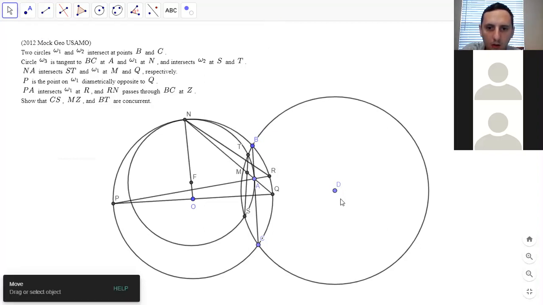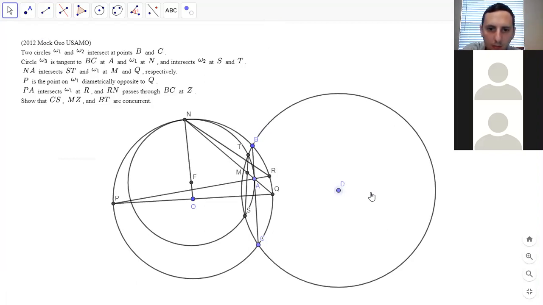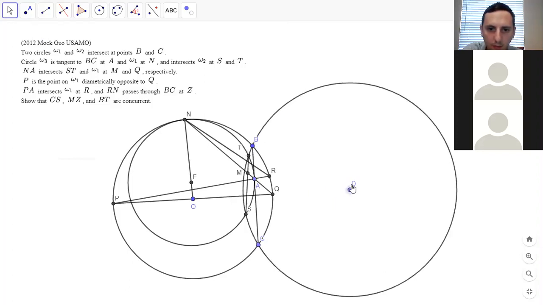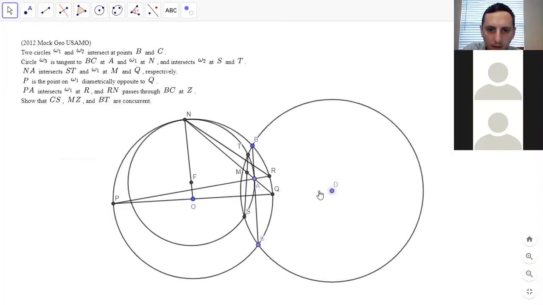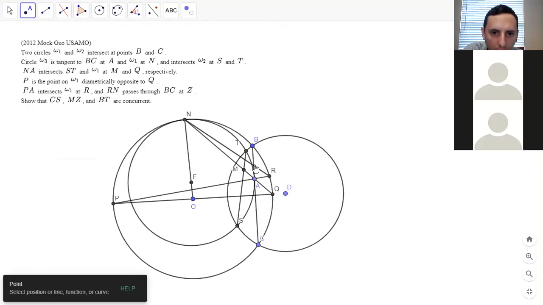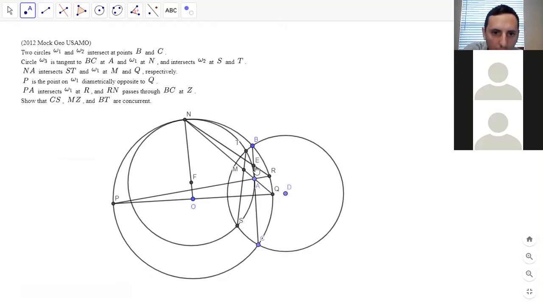It would make the diagram bigger. Move D farther away. Oh yeah, yes, that will make the diagram look easier. Okay.